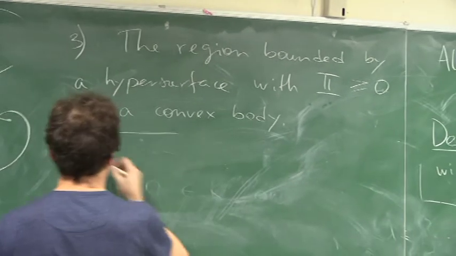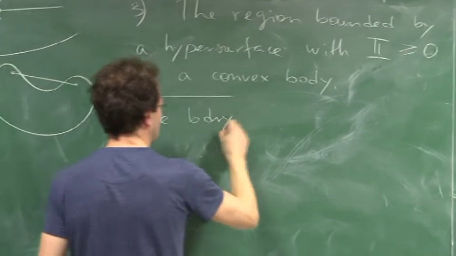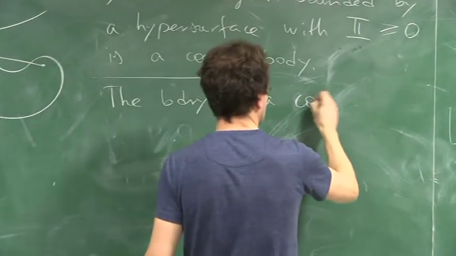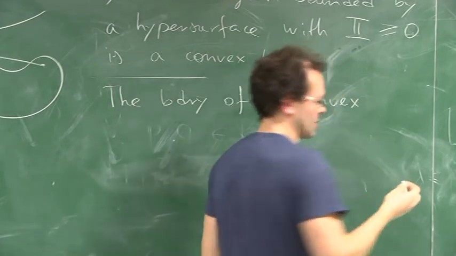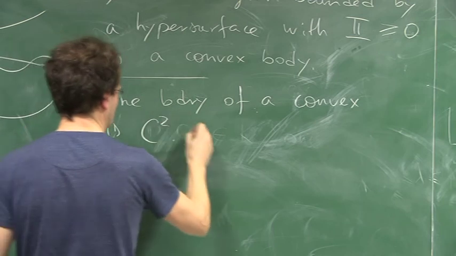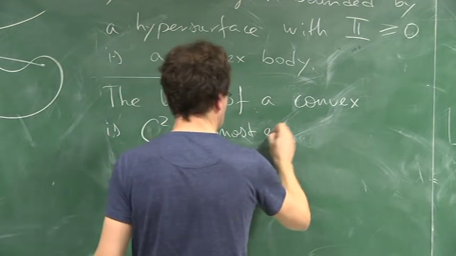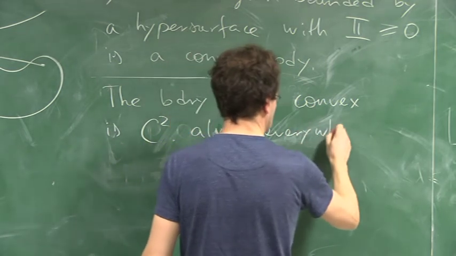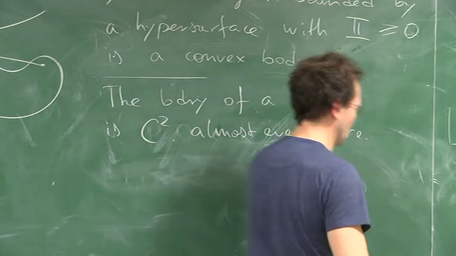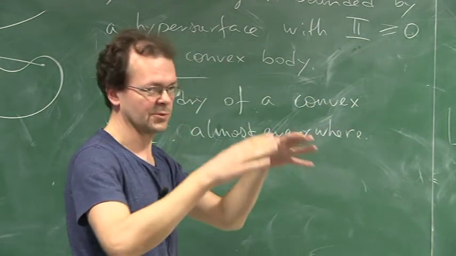On the other hand, convex bodies are almost everywhere smooth. So the boundary of a convex body is in fact C2 almost everywhere. Even the most non-smooth objects, the polyhedra, are C2 almost everywhere because they are C2 on their faces. Right?